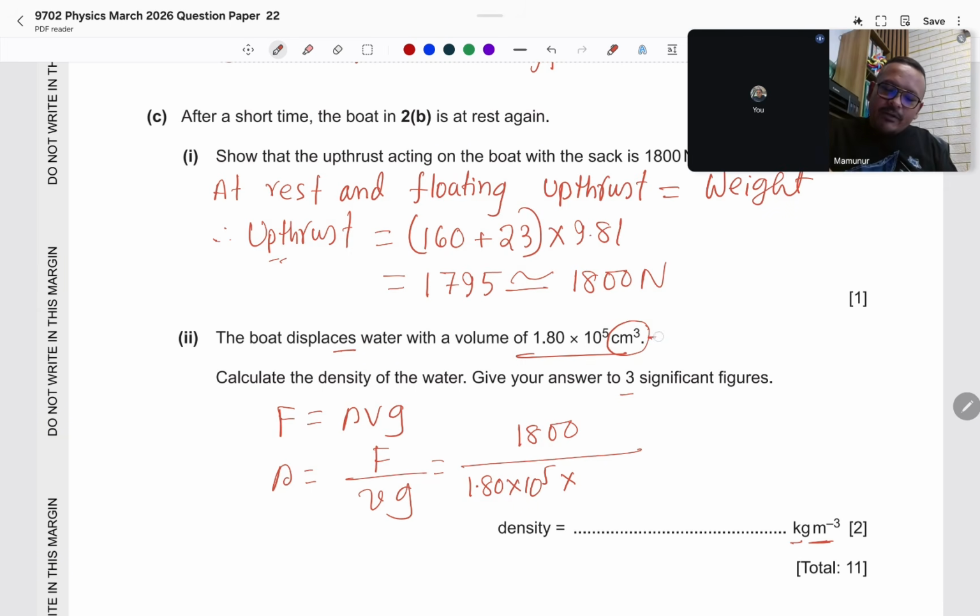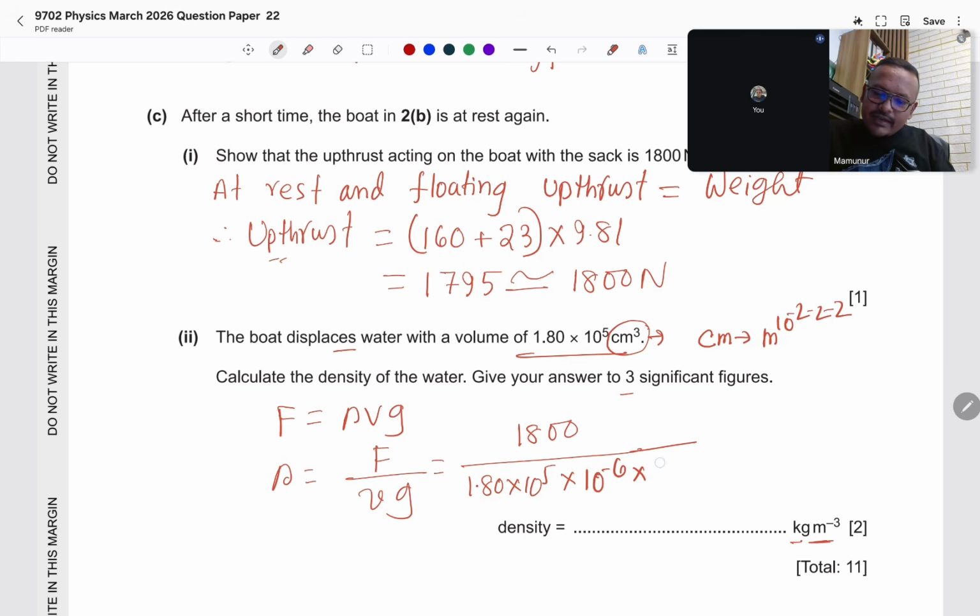So centimeter cube to meter cube. Centimeter to meter is 10 to the power minus 2. Square, 10 to the power minus 4. Cube, 10 to the power minus 6. Okay, so into 10 to the power minus 6, into g is 9.81.